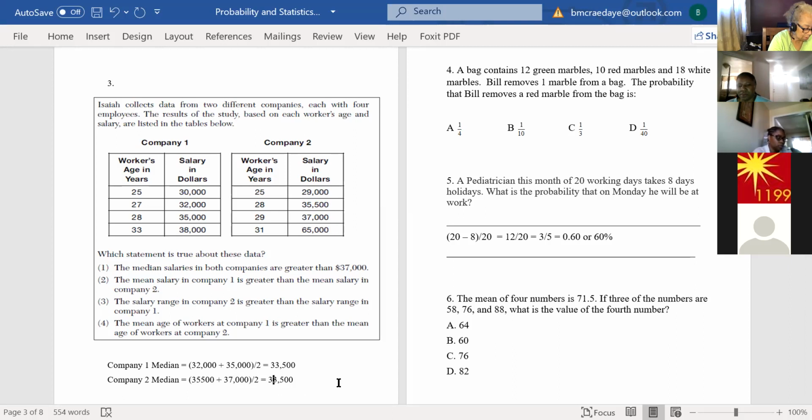No, I think I made an error here. 35,500 plus 37,000. And what does that give you when you add that? 600 and some. Okay, let me just put it here. 35,500 plus 37,000.